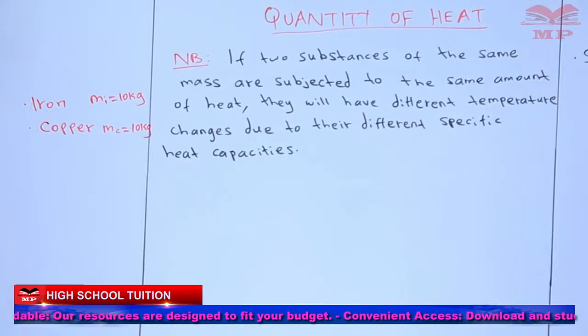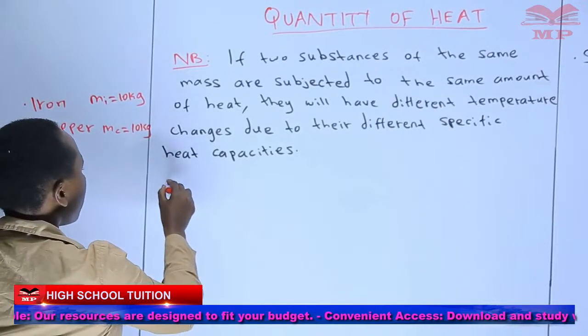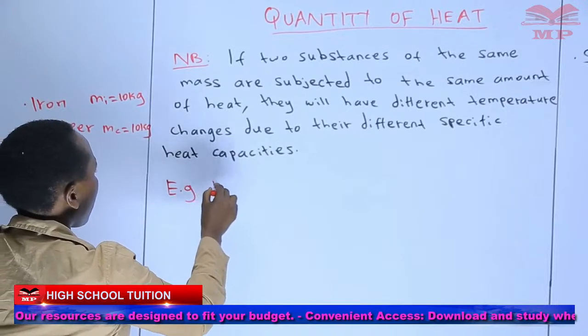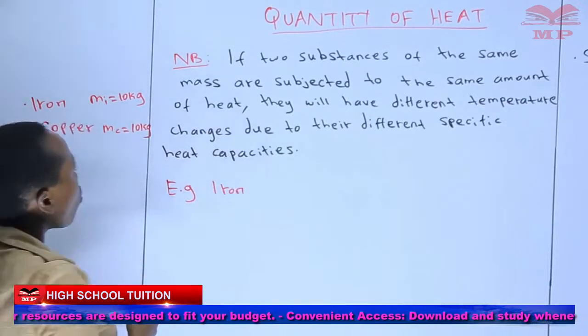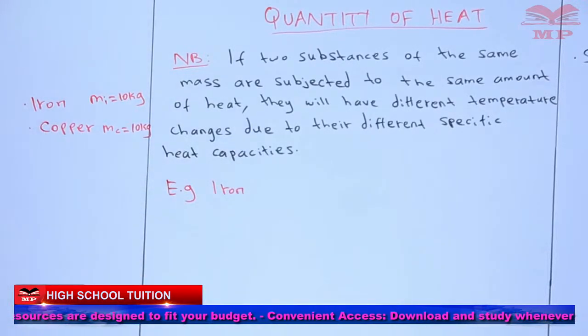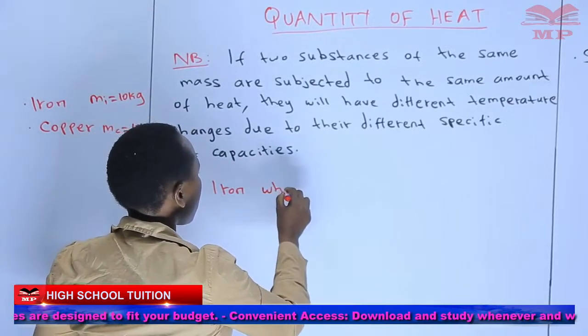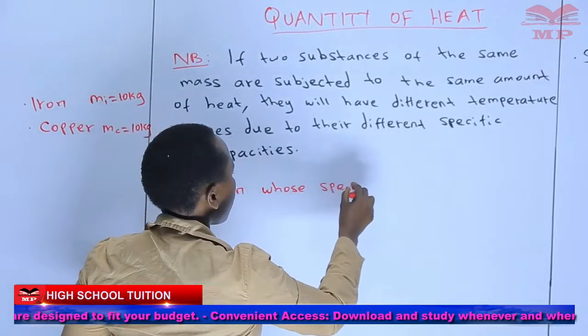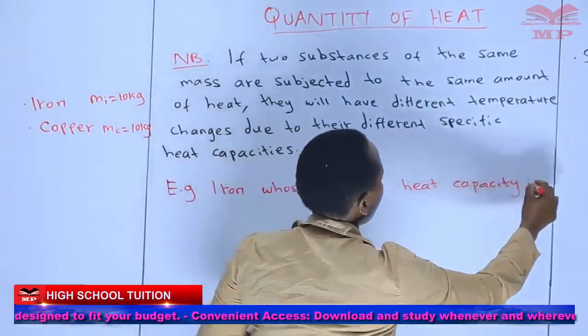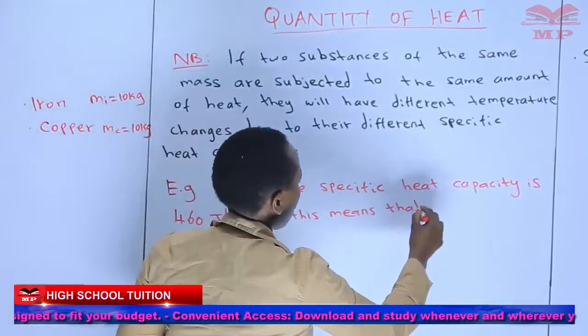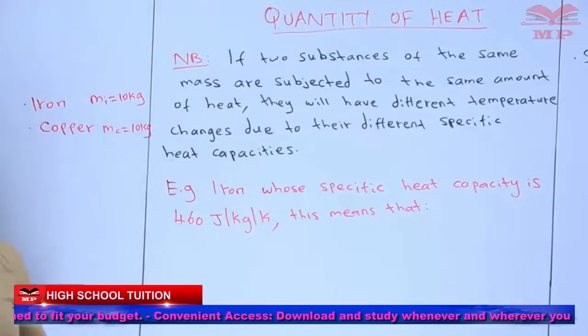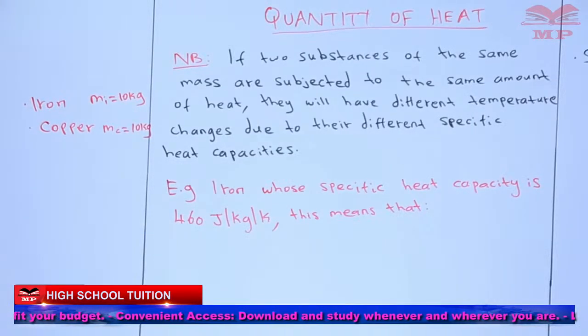For example, if we talk of iron, whose specific heat capacity is 460 joules per kilogram per Kelvin.